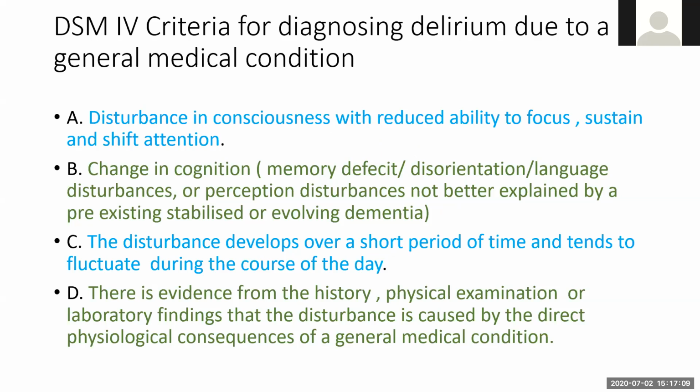The disturbance develops over a short period of time and tends to fluctuate during the course of the day. And there is clear-cut evidence from history, physical examination, or lab findings that the disturbance is caused by direct physiological consequences of a general medical condition.